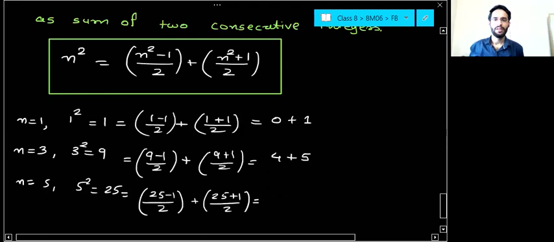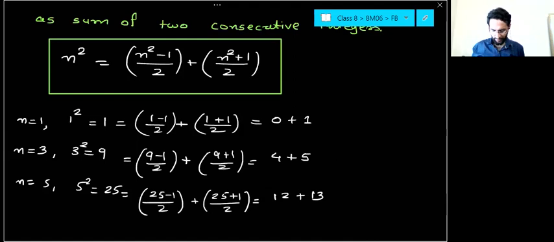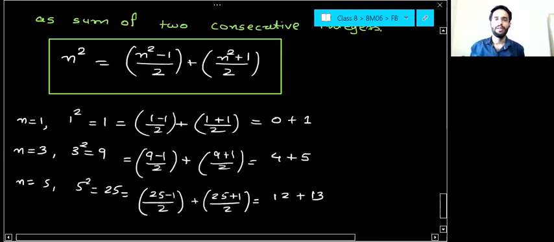So 25 minus 1, that is 24 by 2, will give you 12, and 26 by 2 will give you 13. Is it clear? So 25 can be written as 12 plus 13. Please give me some response. Everyone got this? Now see here next.